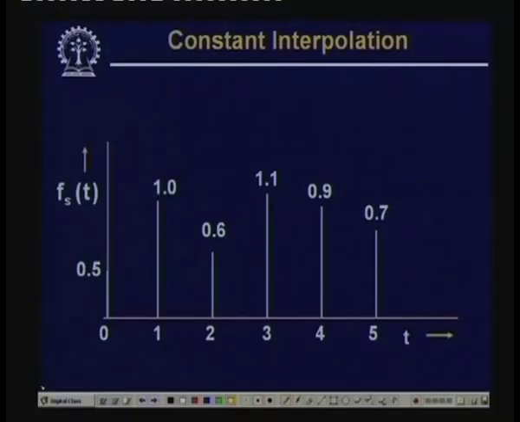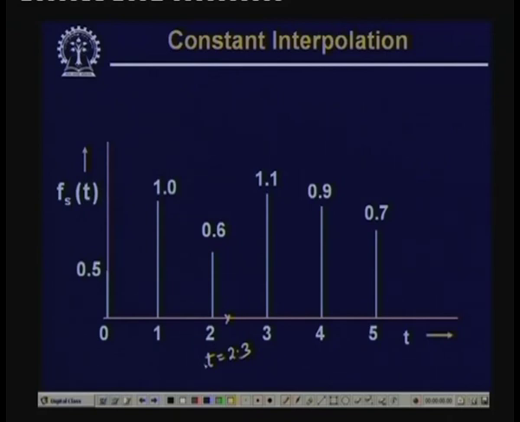So, let us take this particular case. Again we go for constant interpolation. Here again I have shown the same set of samples, and now suppose I want to find out what will be the value of the function at say t equal to 2.3.